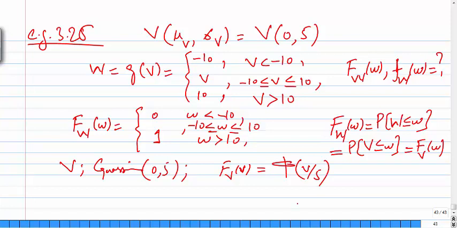So this is equal to phi of w by 5, because in that case we have the same probability. So this is the CDF. For the PDF from the CDF, you just take the derivative and plug in the values.